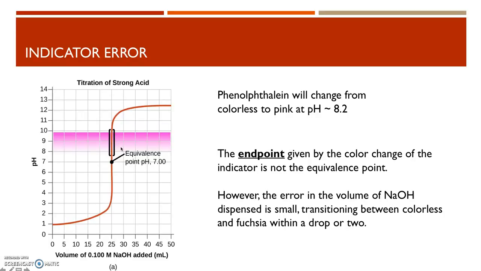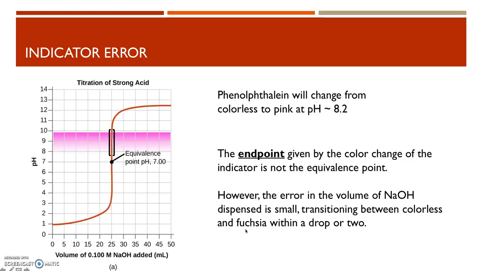So what we see here is the range of volumes that would be required to go from colorless to pink. If I'm following this volume, at 20 milliliters I'm colorless, at 24 milliliters I'm colorless, at 25 milliliters I'm colorless. I add one extra drop and I'm still just barely at 25 mL. I add one extra drop and all of a sudden I'm fuchsia.